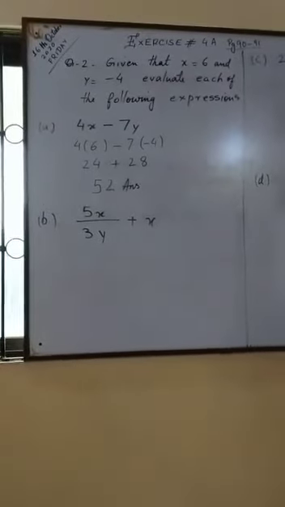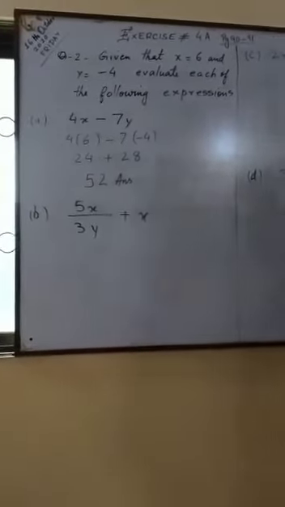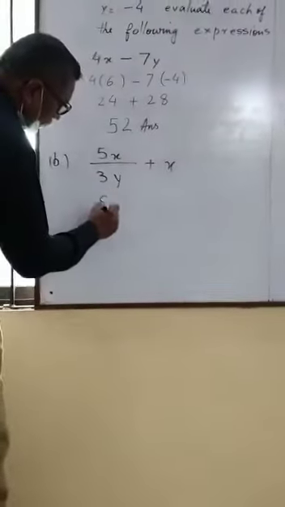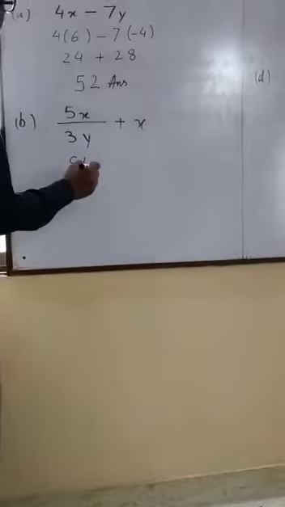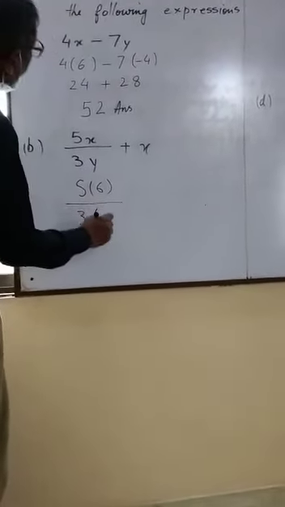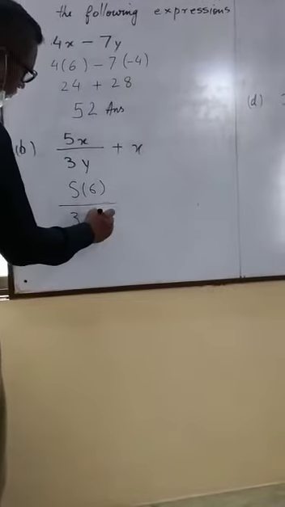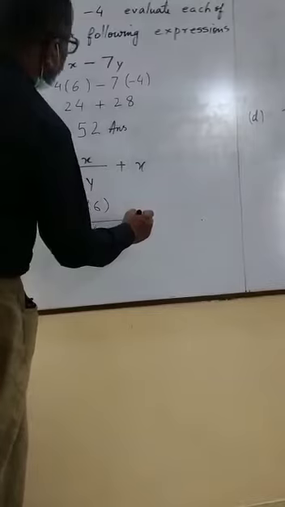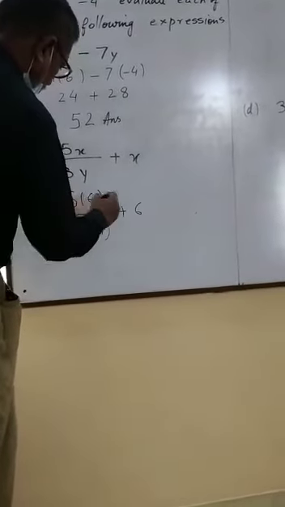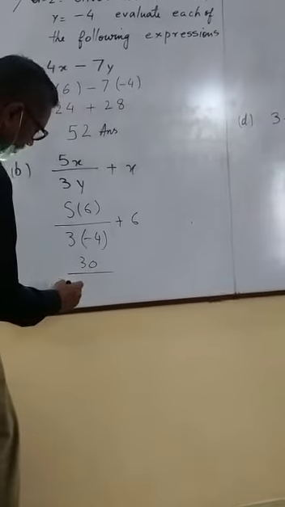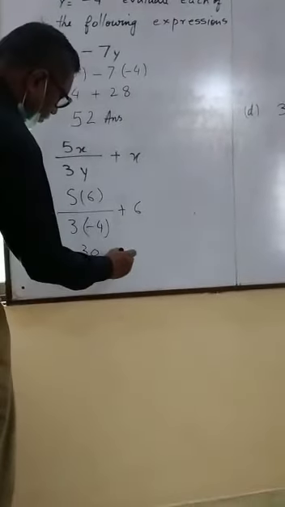Now in this question again we have to substitute first. So the value of x is 6 and the value of y is -4. Okay, and x is 6. Now this is 30 and this is -12 and this is 6.